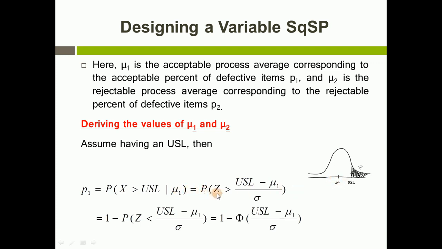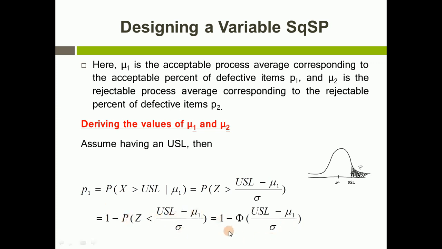This is equal to probability Z greater than (upper specification limit minus mu1) over sigma, after we standardize X. However, we need to work with the cumulative probability, so I work with the complement: 1 minus probability Z less than. So now I can write probability Z less than as phi, the cumulative function of the standard normal distribution, of (the upper specification limit minus mu1) over sigma.